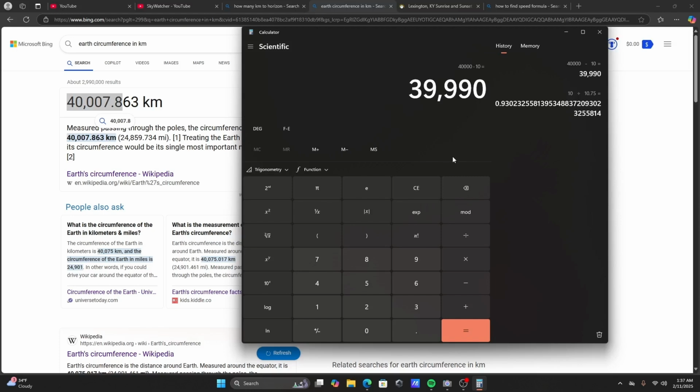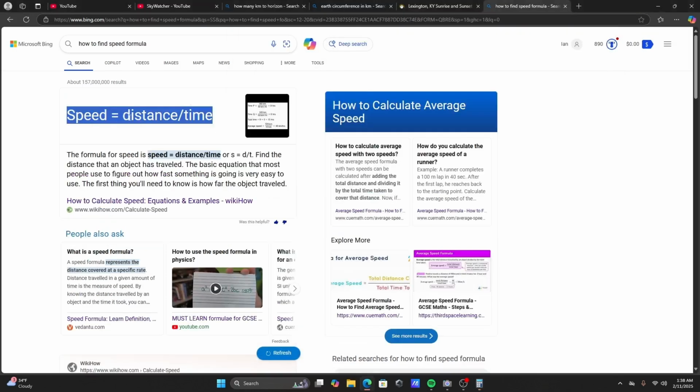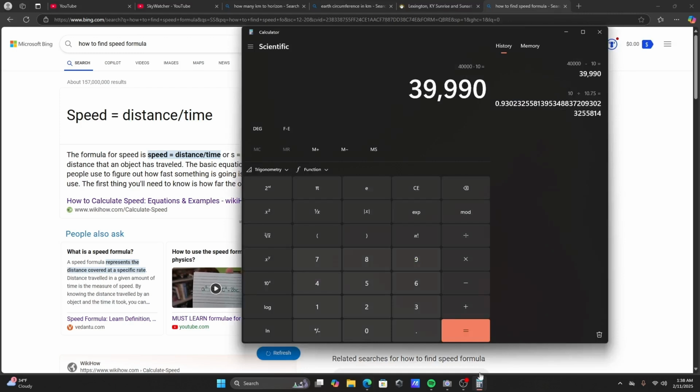So the other 13 and like a quarter hours that it takes to travel this 39,000. So let's go back to our equation here. Our formula, distance over time.